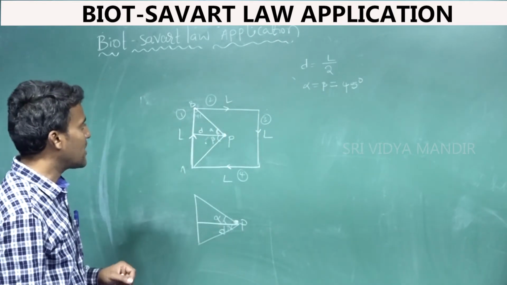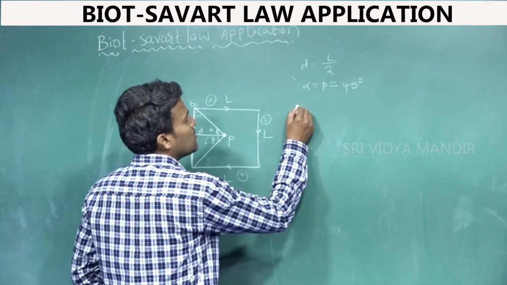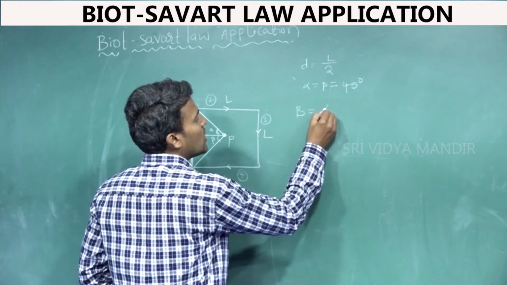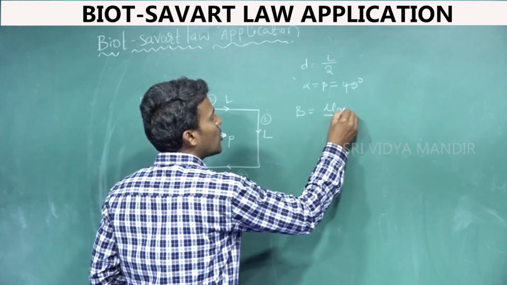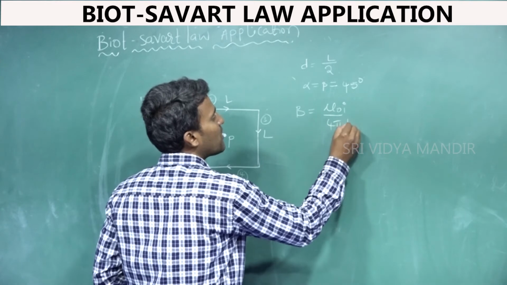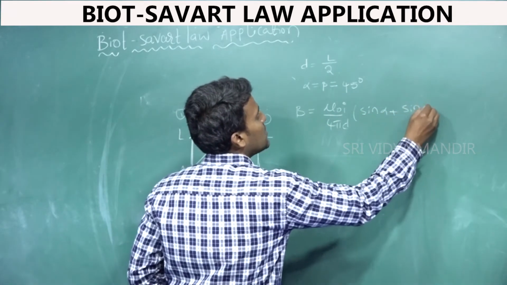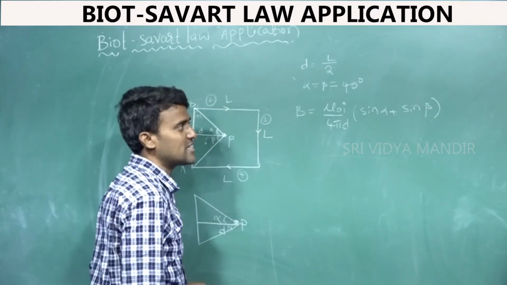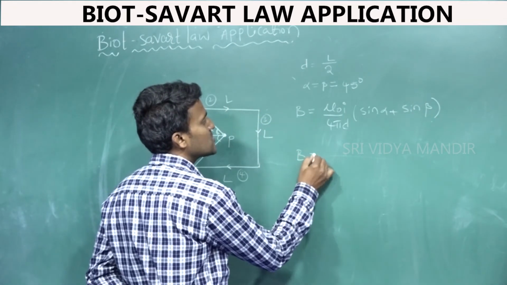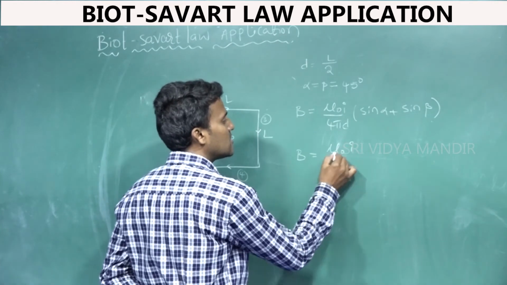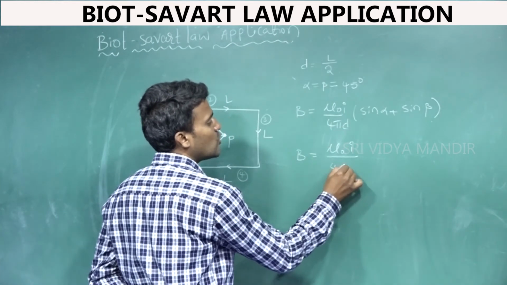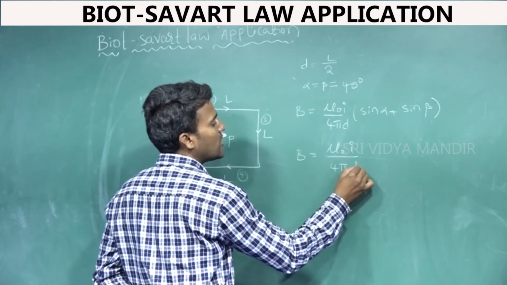Okay. Now I am writing the formula here. Magnetic field B is equal to mu naught I divided by 4 pi d, sin alpha plus sin beta. Now substitute those values. Mu naught I, 4 pi d. d is equal to L by 2.